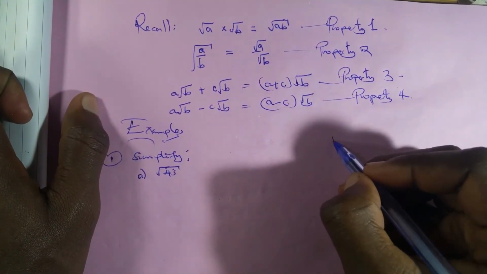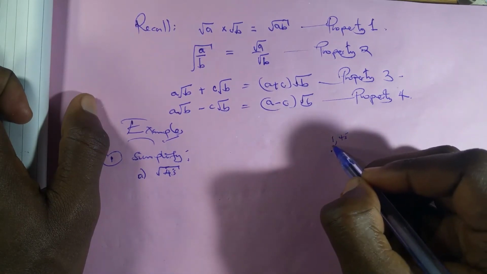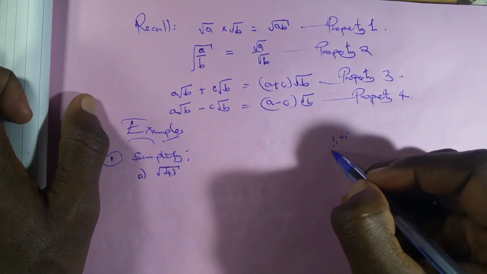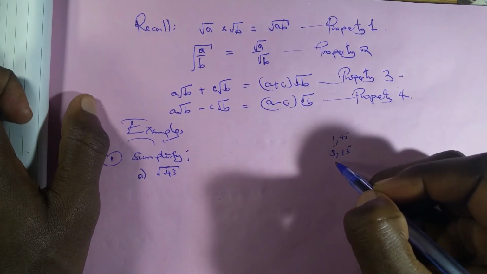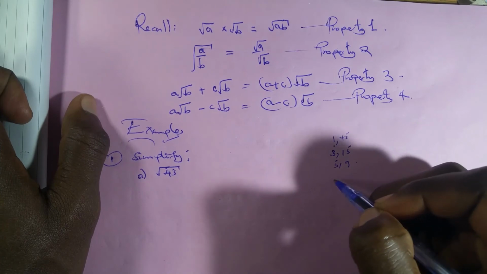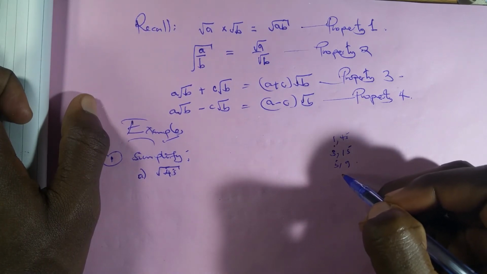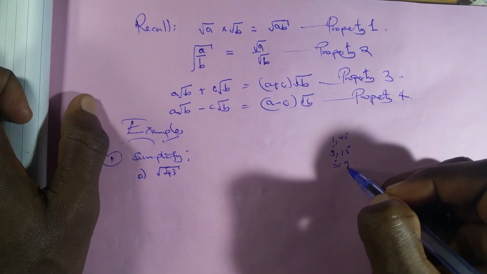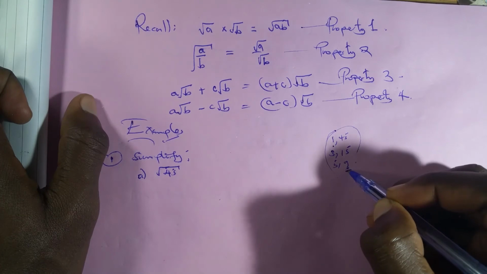Factors of 45: 1 and 45, 3 and 15, 5 and 9. We look for a square here. We have 9, which is a square.